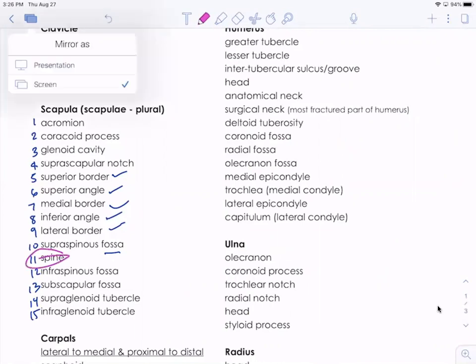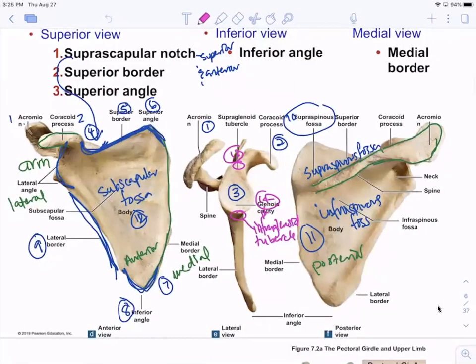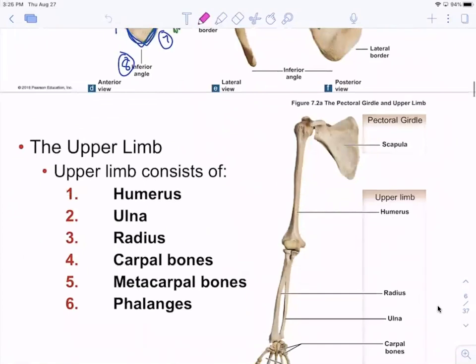But going around this bone exactly the same every time, to me, is helpful to remembering this. So you can look at it and say acromion, coracoid process, glenoid cavity or fossa, suprascapular notch, superior border, superior angle, medial border, inferior angle, lateral border.